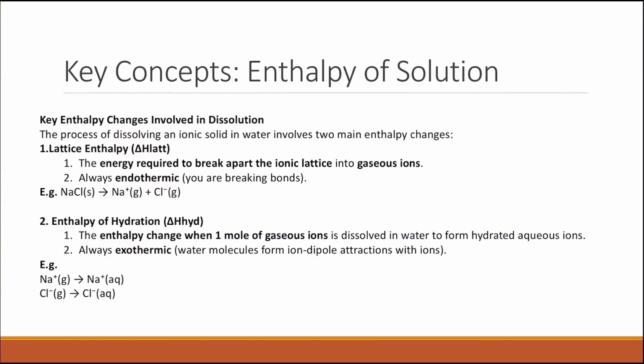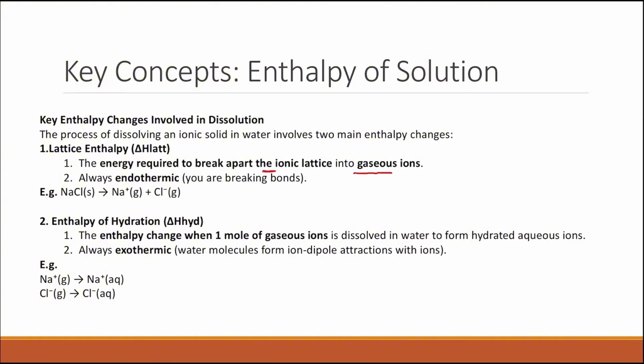So for the key concepts of the enthalpy of solution, we have certain enthalpies that we need to use to construct the Hess cycle. These are the lattice enthalpy, which we talked about in the Born-Haber cycle. Here we are talking not about the lattice formation, but the lattice dissociation: the energy required to break apart the ionic lattice into gaseous ions.